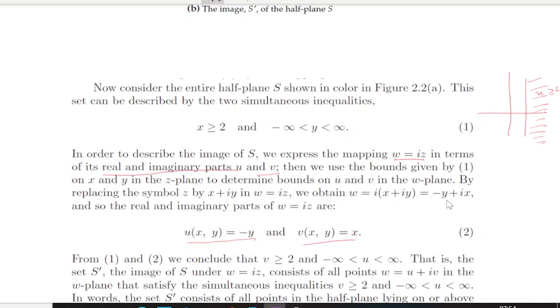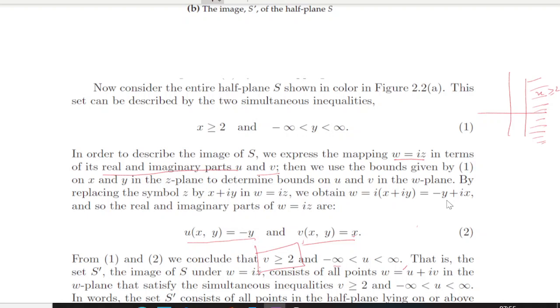Now you can combine equation 1 and 2. So what will we get? By combining these two, you get the x value, that is v. v is greater than or equal to 2. And next, y varies from minus infinity to infinity, so here your u value will vary over minus infinity to infinity.